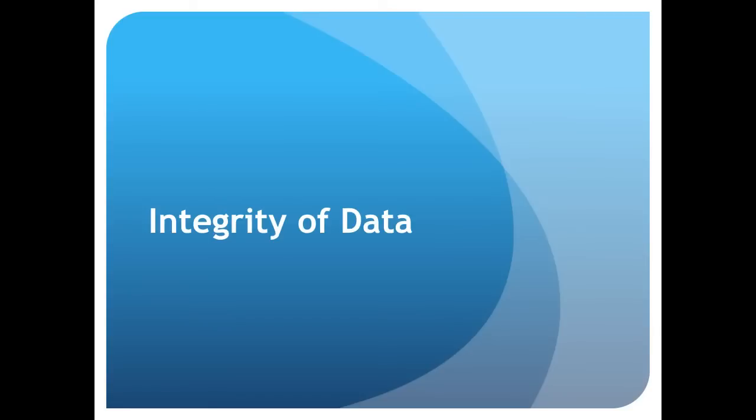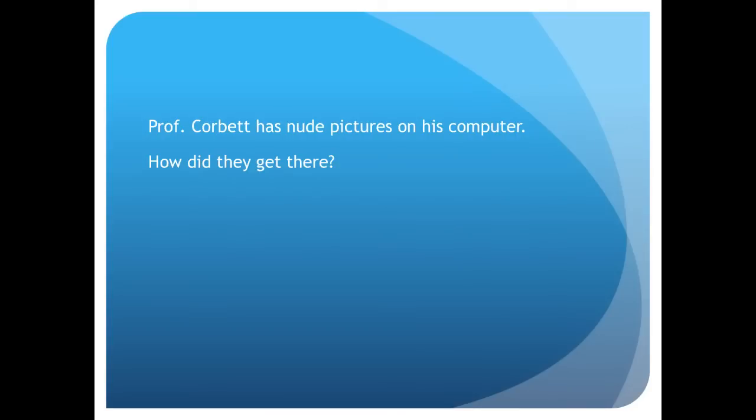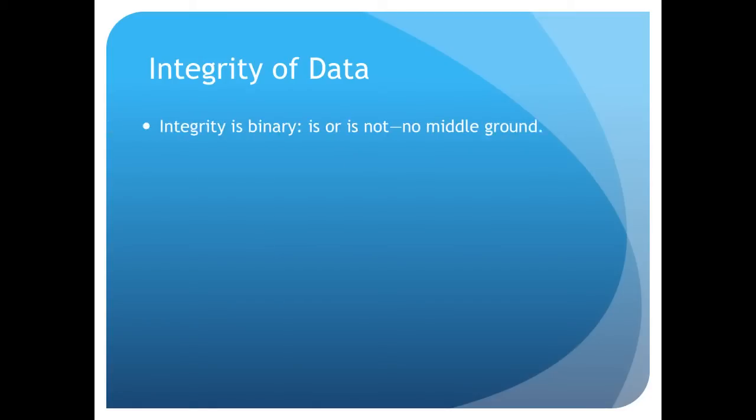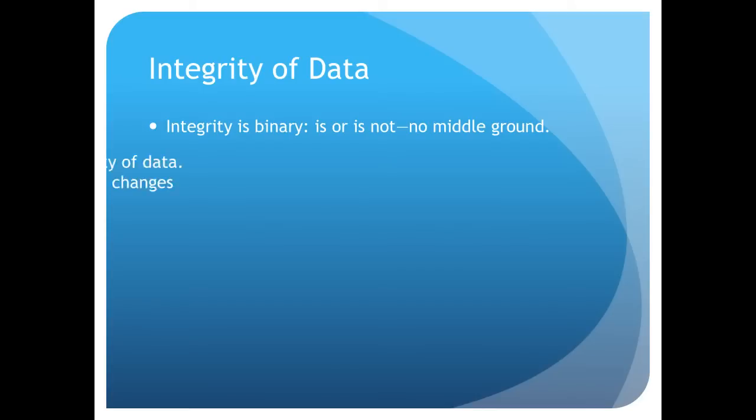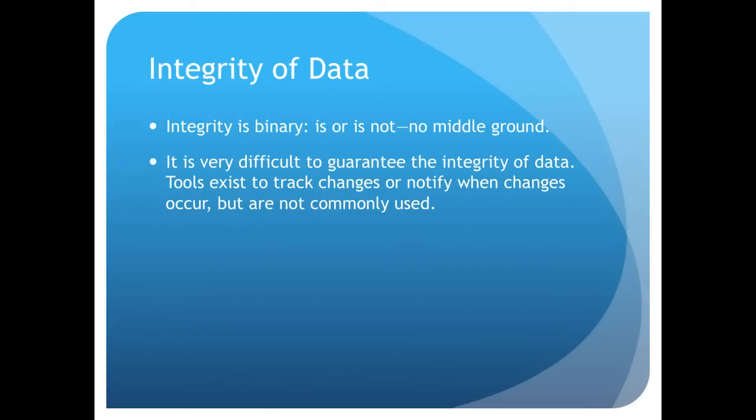How about integrity of data? Well, as an example, Professor Corbett has nude pictures on his computer. How'd they get there? Well, integrity of data is interesting. Integrity is binary. It's either you have integrity or you don't. There's no middle ground. It's sort of like you can't be sort of pregnant. You're pregnant or you're not. There isn't a middle ground there. It's difficult to guarantee the integrity of data.